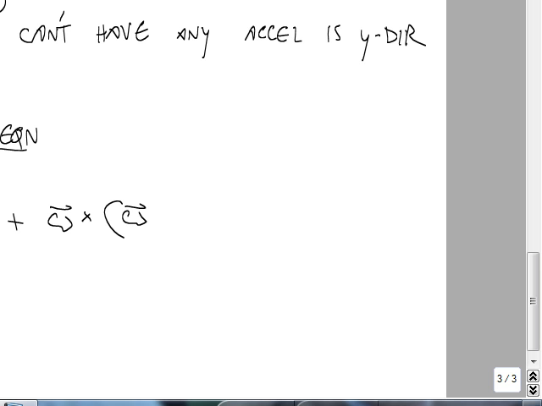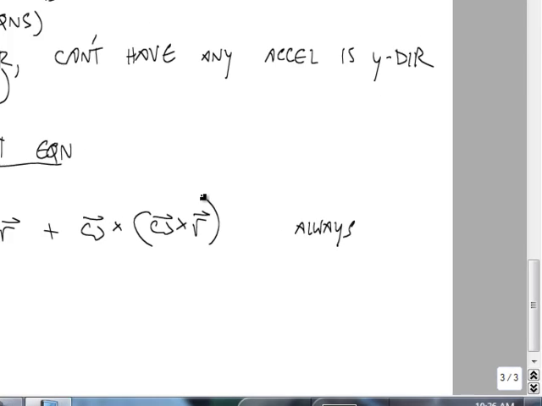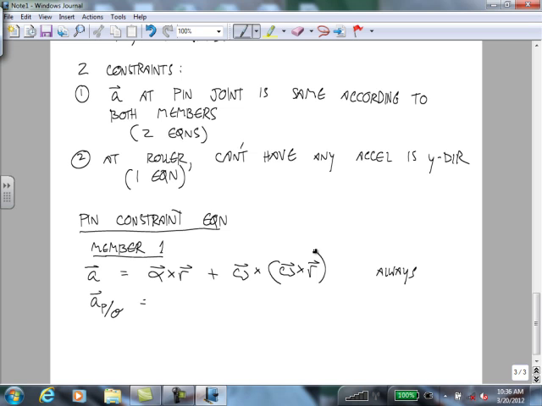The question is, do we also, in this case, have to use the relative motion equation? This one we only have to use sometimes. When do we have to use it and when don't we? You have to use it if you're doing it about the center of mass. In this case, member 1 has a fixed point, so we're not going to need this.